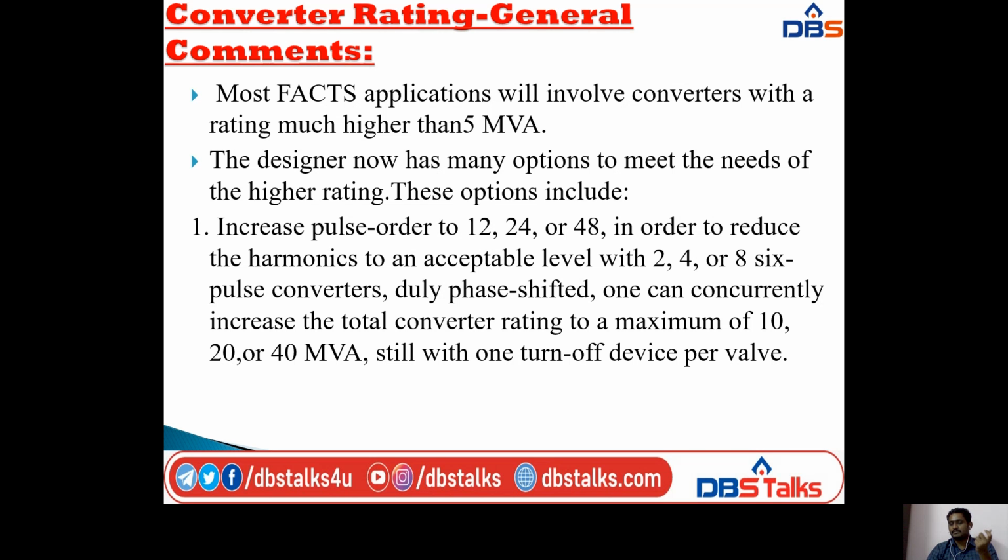Previously we discussed up to 5 MVA, and now a maximum of 10, 20 or 40 MVA because of increasing the pulse order. We are also taking the converter rating higher, still with one turn-off device per valve.